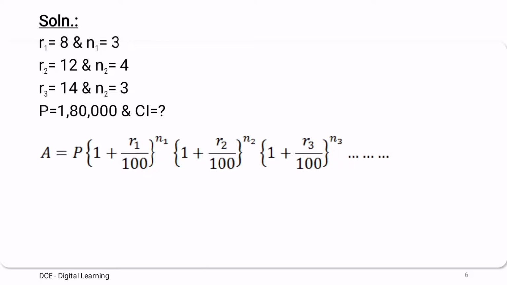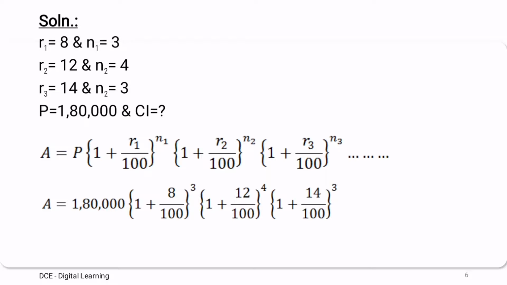So amount equals P into bracket 1 plus R1 divided by 100 raised to N1, into bracket 1 plus R2 divided by 100 raised to N2, and bracket 1 plus R3 divided by 100 raised to N3. Here they have given 3 rates of interest, so we have to take R1, R2 and R3 and corresponding periods as N1, N2 and N3.